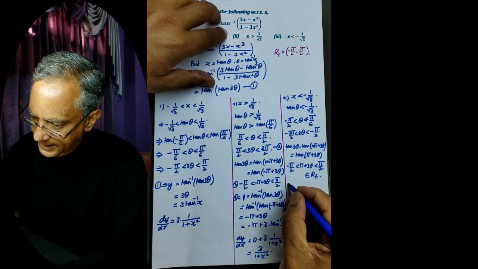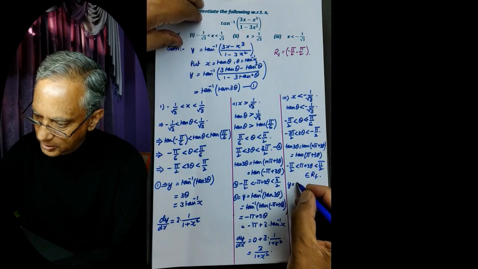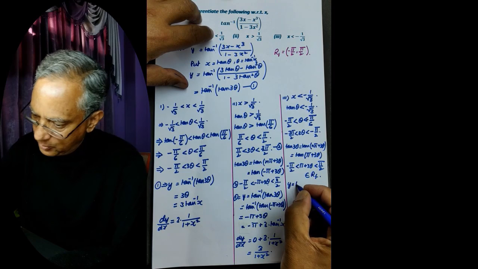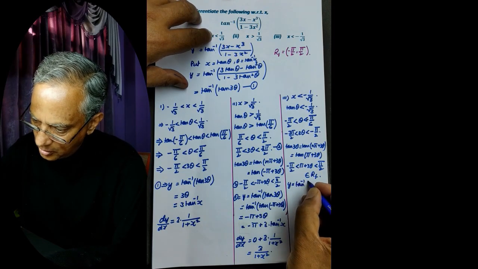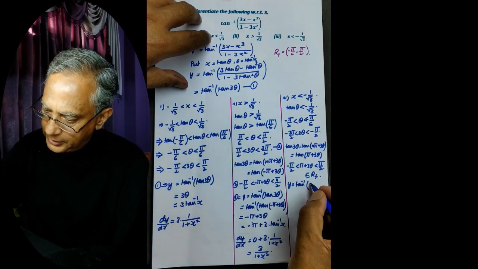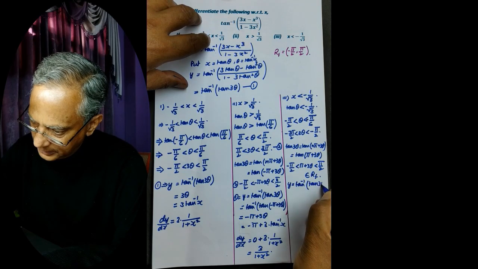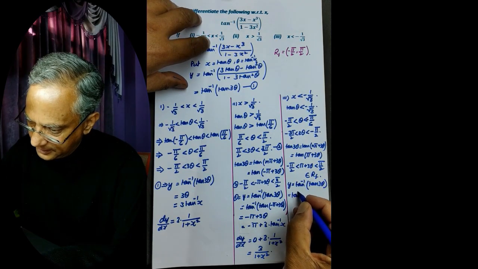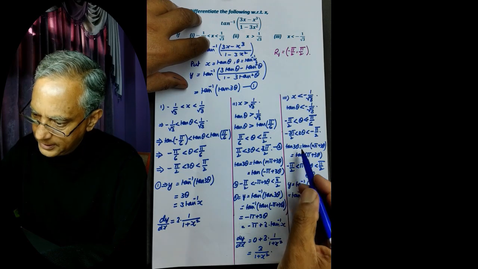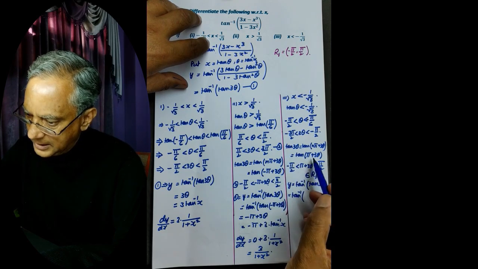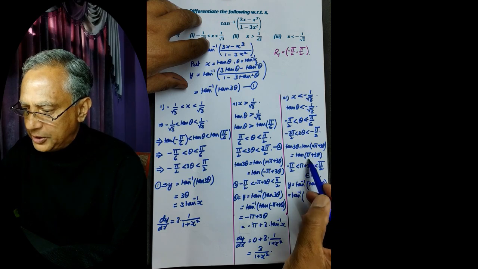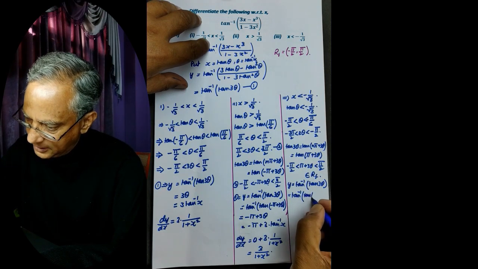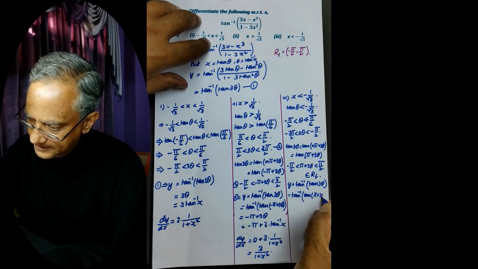Therefore, we can write y is equal to tan inverse of tangent of 3 theta, and this can be written as tan inverse of tangent of pi plus 3 theta. And this is within the range. So we write this as tan of pi plus 3 theta.